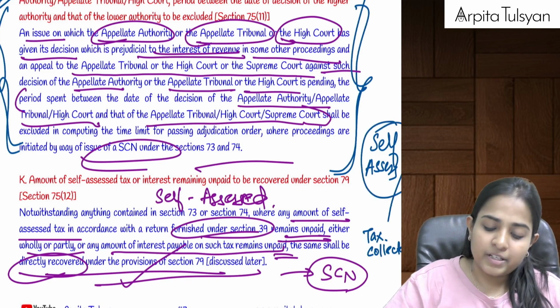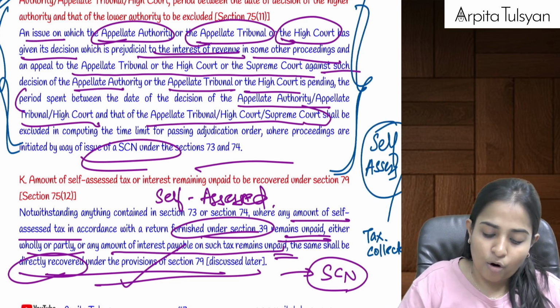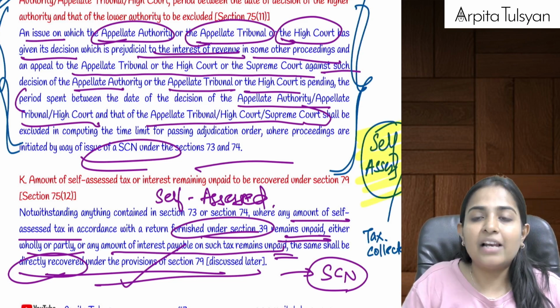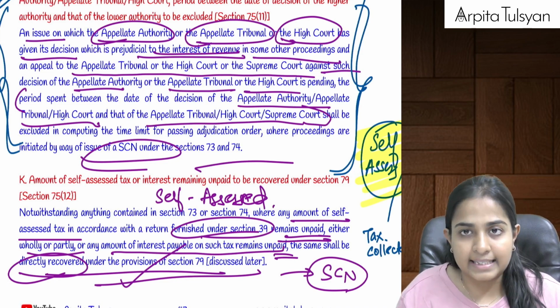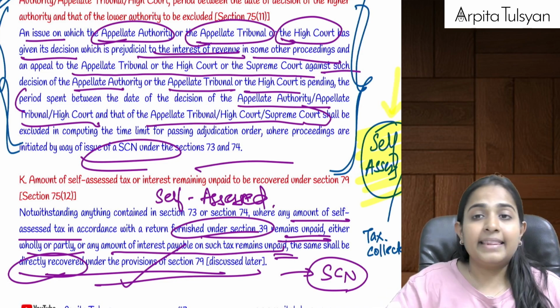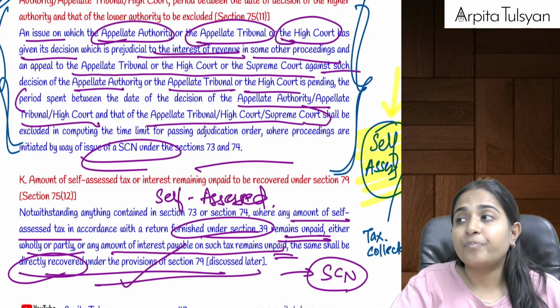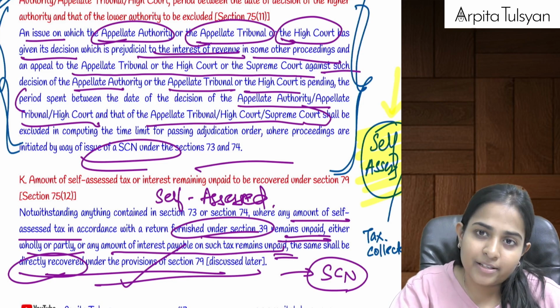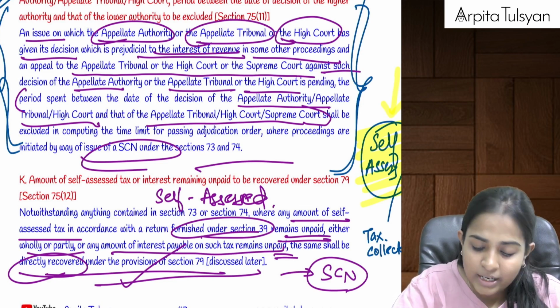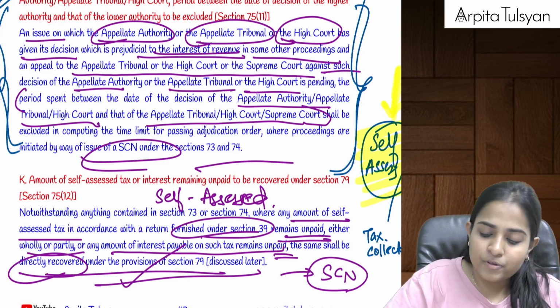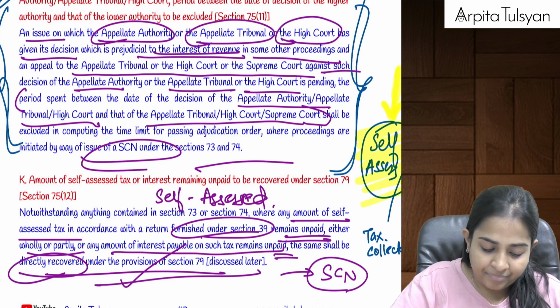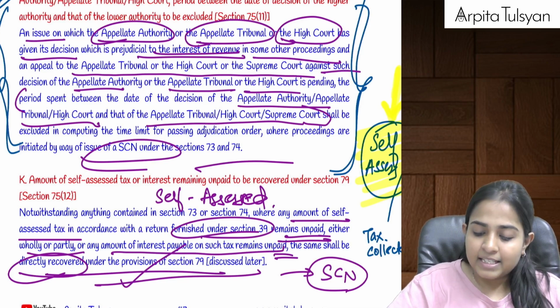Here they are telling that in case of non-payment of self-assessed tax, there is no time limit to issue the show cause notice, and the recovery proceedings can be done. Are you understanding this? This will be directly recovered.